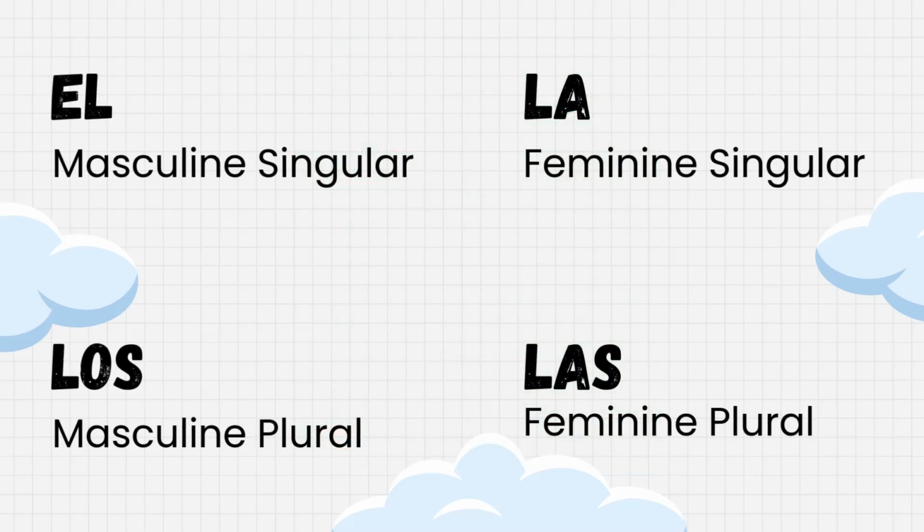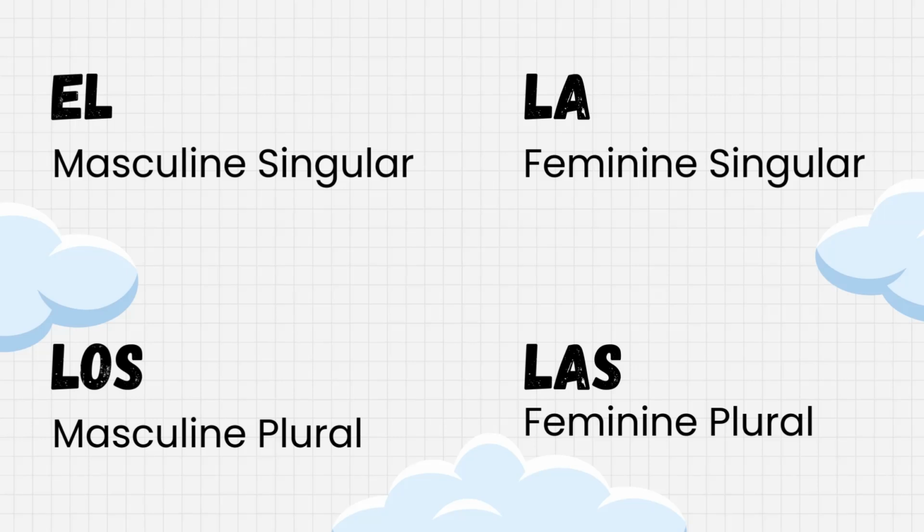Alright, so we should have a better understanding of definite articles in Spanish. We have the four articles and each of them has to go with the noun specified. El goes with a masculine and singular noun, la goes with a feminine and singular noun, los goes with a masculine plural noun, and las goes with a feminine plural noun.